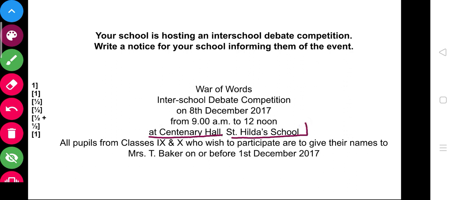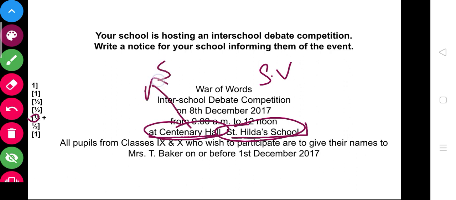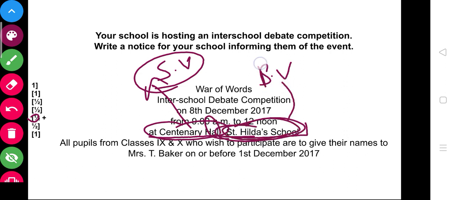Then comes two things to be remembered. Half mark for the first thing: there is a smaller venue and a bigger venue. Here in this case the smaller venue is where the competition is going to be held, and this is the school where this particular hall is. St. Hilda's School is the bigger venue.